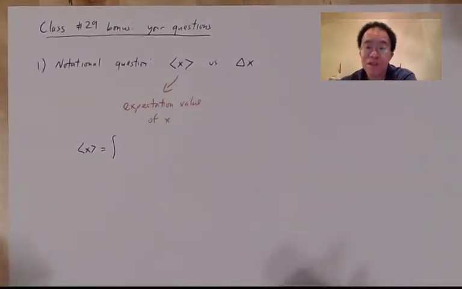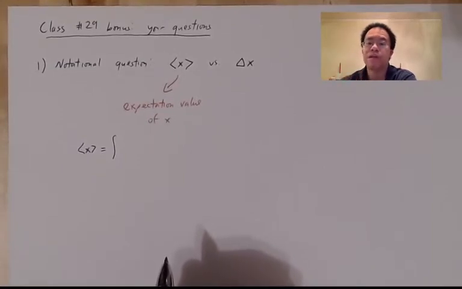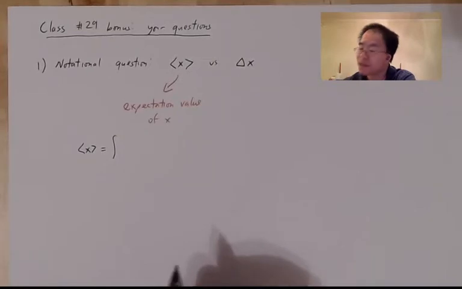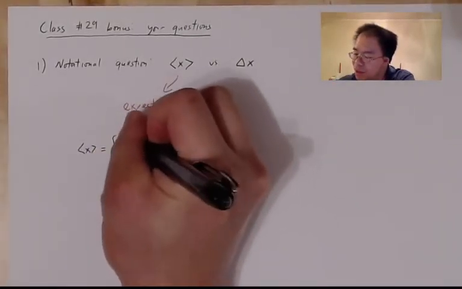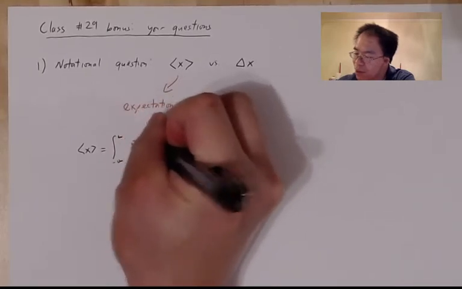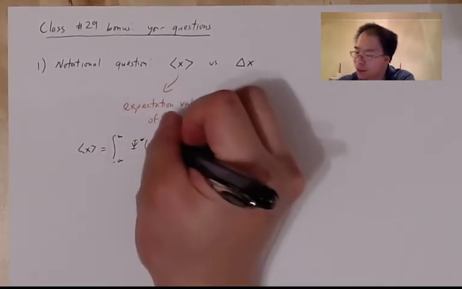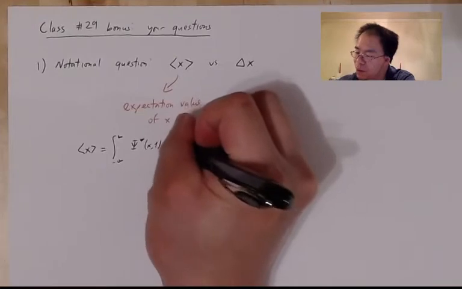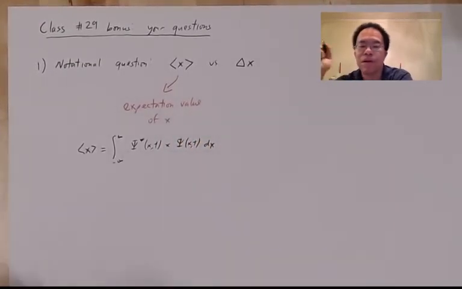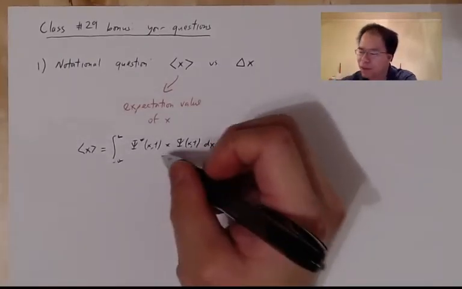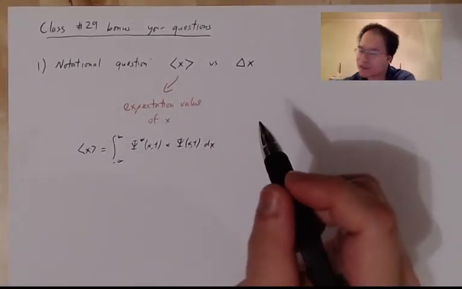It's the average value that you would expect to get if you were to measure the position in an ensemble or in a large number of identically prepared systems. And that's going to be given by sandwiching x in between my wave functions, or alternately, I can think about it as x times the probability density.